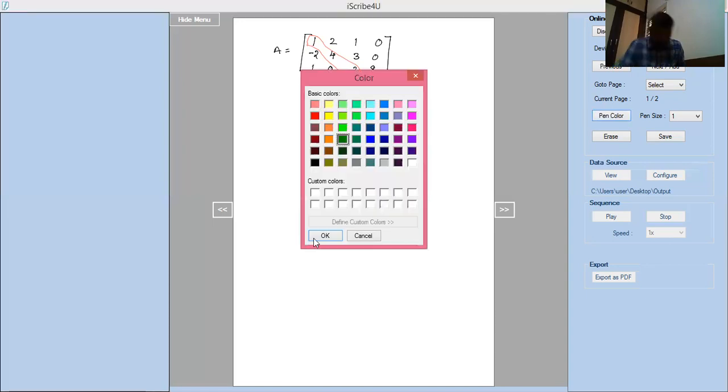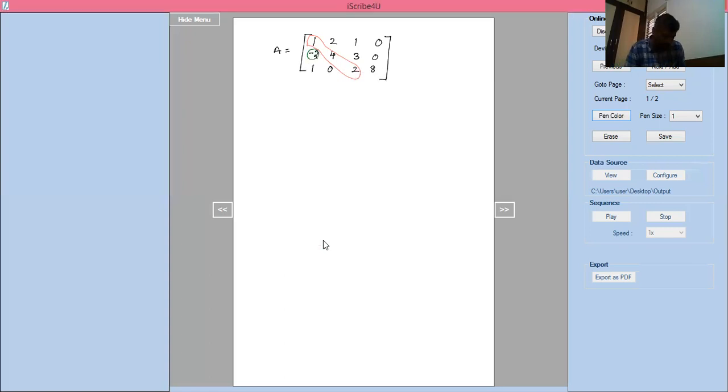So the two elements I am going to make 0 are this element and this element. Here the elements are -2 and 1. So in the R2 row I have to make 0 and in the R3 row I have to make 0. I already told you that if you are making first column elements 0, we have to use the R1 row only. If second column, the R2 row only.